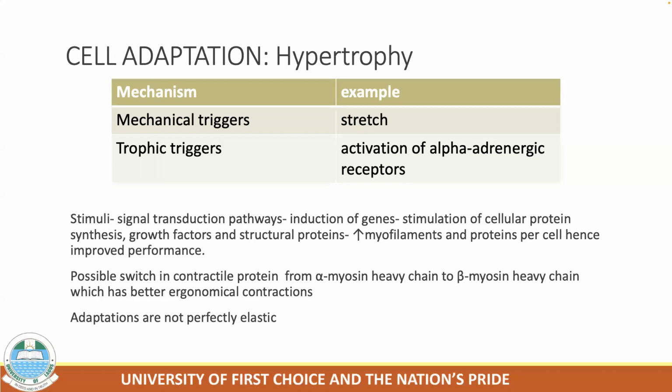So once you have the stimulus which comes in, it could be the stretch, like we said, or genetic receptors. It leads to signal transduction pathways, leading to induced protein synthesis, growth factors, and structural proteins kick in.